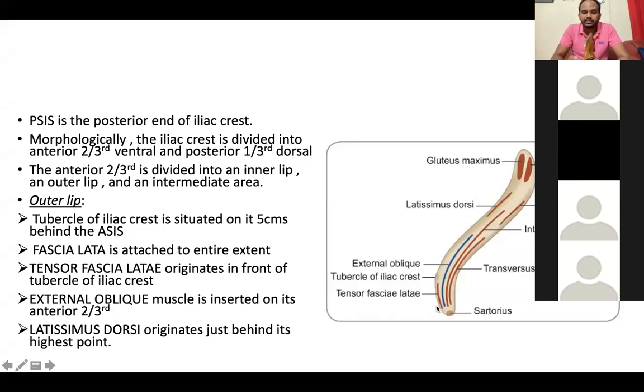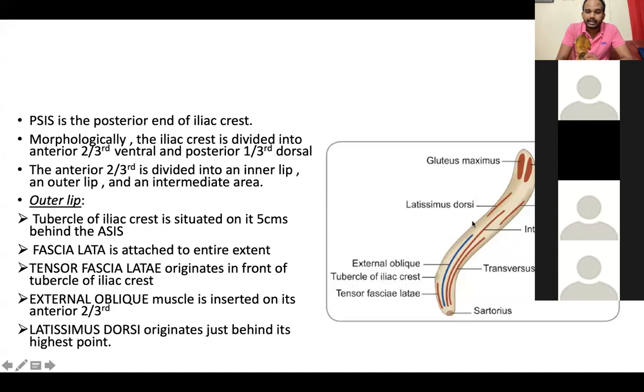Then the external oblique muscle is inserted on its anterior 2/3. So on the outer lip you see one more muscle, the external oblique muscle, which is one of the flat muscles of the abdomen. This external oblique muscle is inserted along the outer lip of the iliac crest.